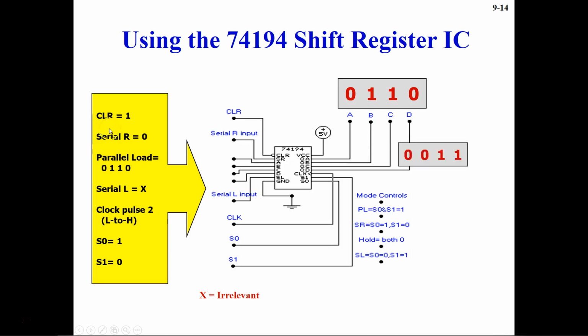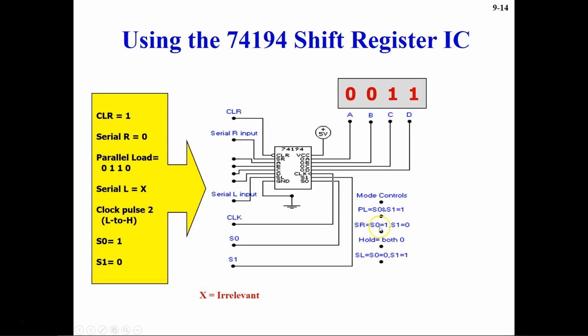Now what will happen when serial R is equal to 0, and you have this data 0, 1, 1, 0 in, and serial L is equal to X, and clock pulse 2 is going low to high. In this case your S0 and S1 are different: S0 is equal to 1 and S1 is equal to 0. So that is your SR operation, the shift right operation.